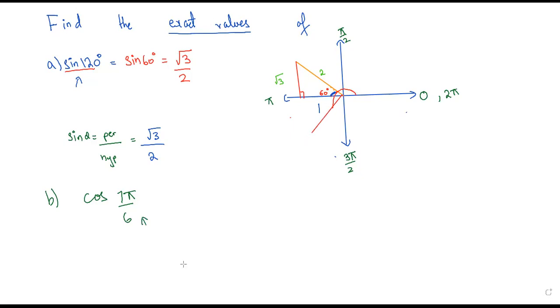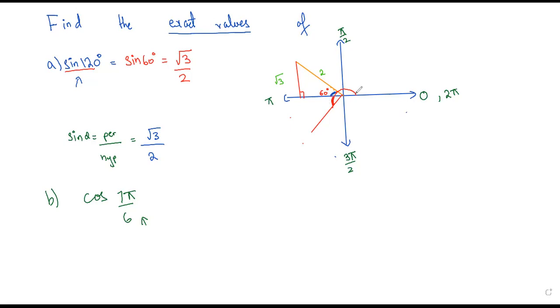Now this complete angle is 7 pi by 6. So this one is going to be what? Can you please tell me? It's not like minus pi.